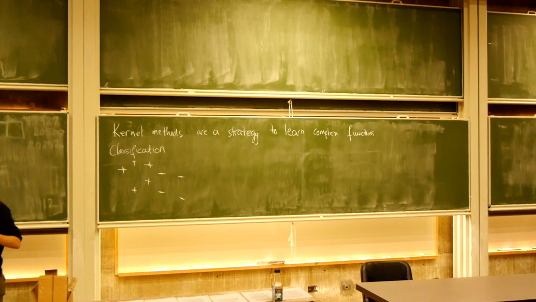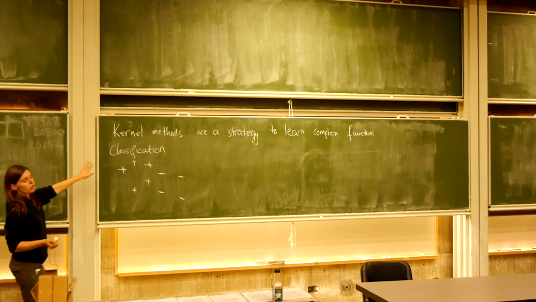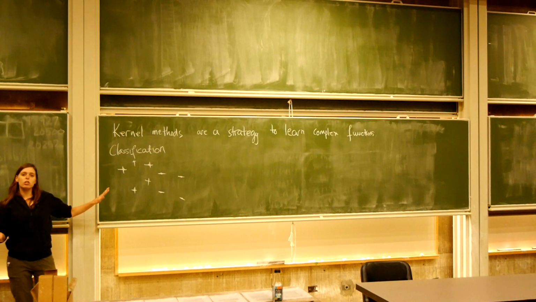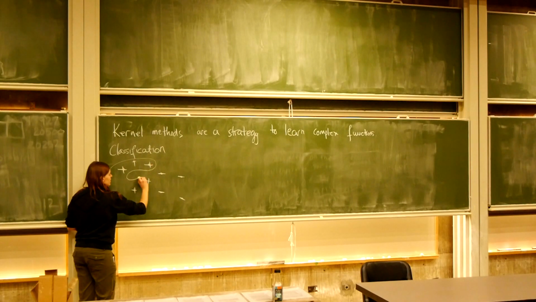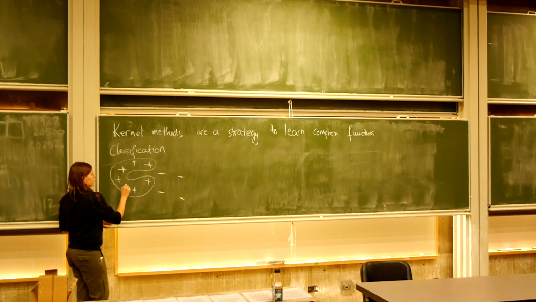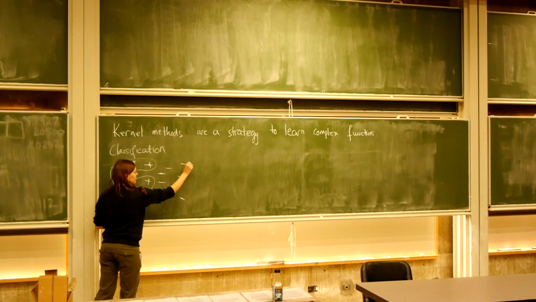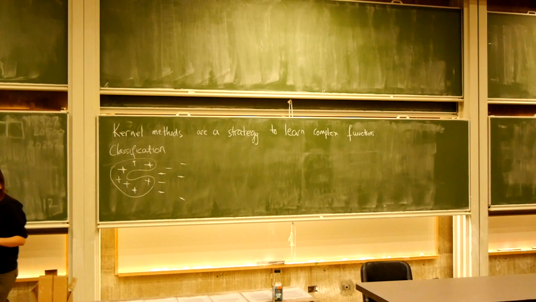And this function is going to be a function over the entire domain. You can imagine that it could look in absolutely any way you want to imagine. All that it does is it takes regions of the space and calls all of them plus, and regions of the space and calls all of them minus.